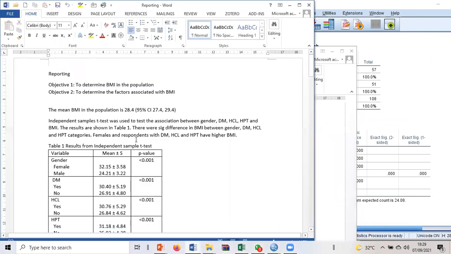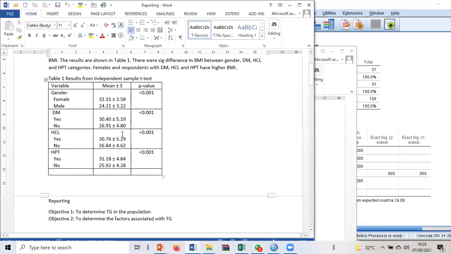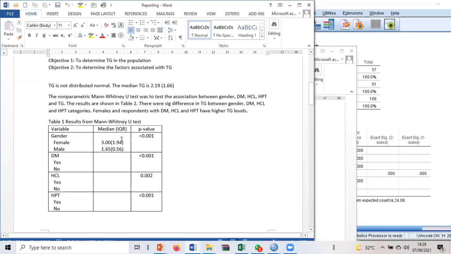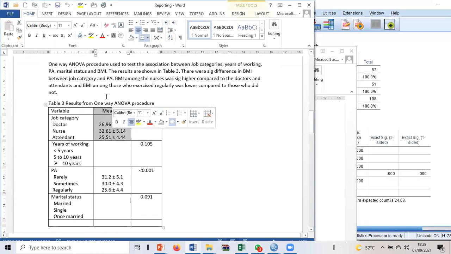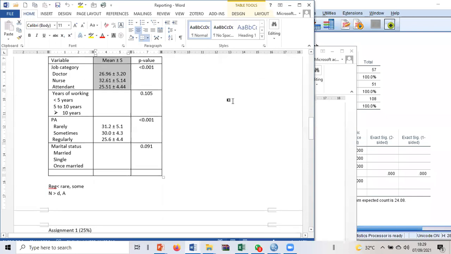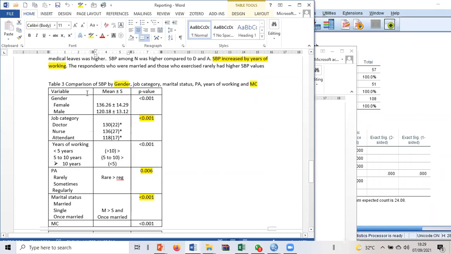That's my demography, right? Gender and everything. So more or less you're going to use this. We use the mean, testing means, or the medians. We use ANOVA, t-test, or Mann-Whitney. So now let's say I take this table.